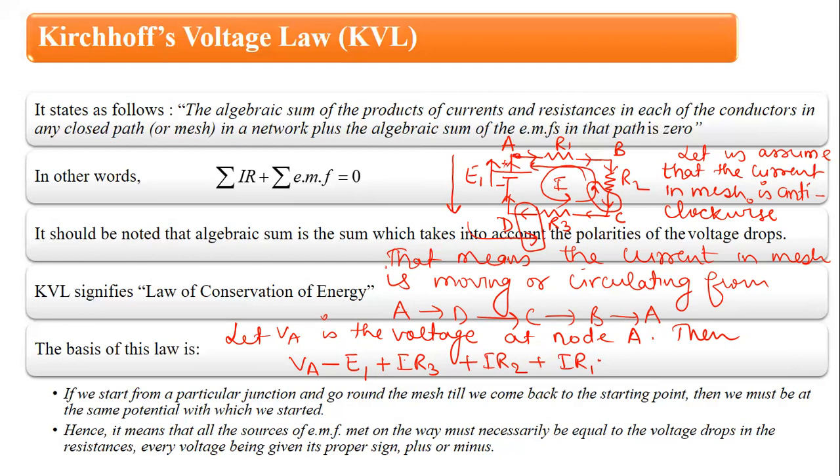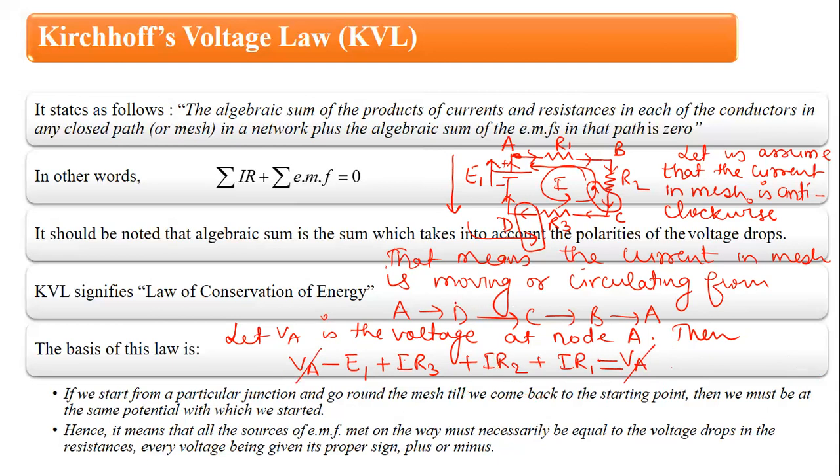We left the node A and we are entering the node A. So it can be taken as minus VA is equal to 0, or we can also take it as equal to VA, right? Now these two factors will be cancelled out here.